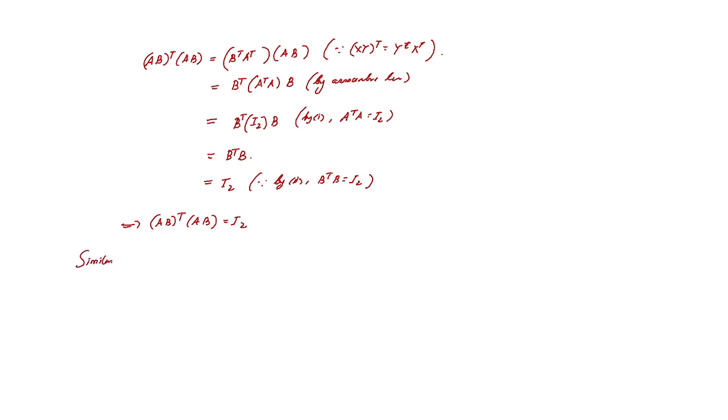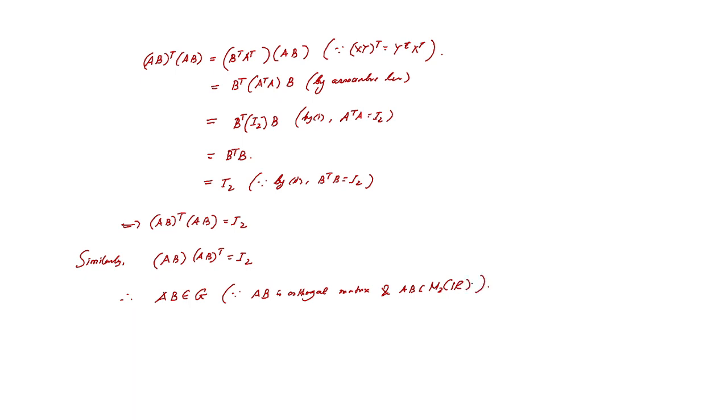Similarly, you will check AB whole transpose, this is also identity. So that means AB is an orthogonal matrix, so AB belongs to G, since AB is an orthogonal matrix and AB belongs to M2R.